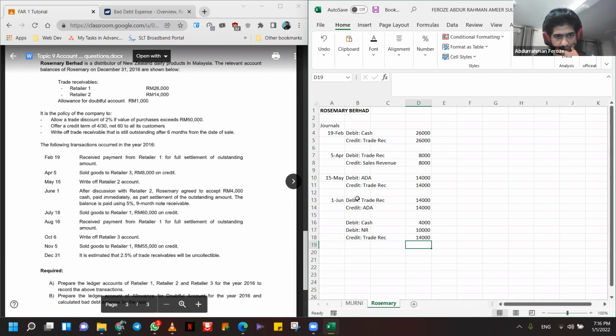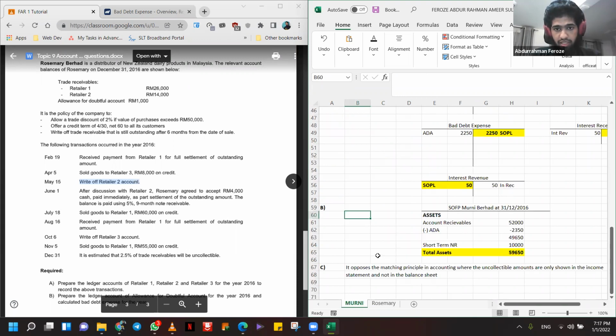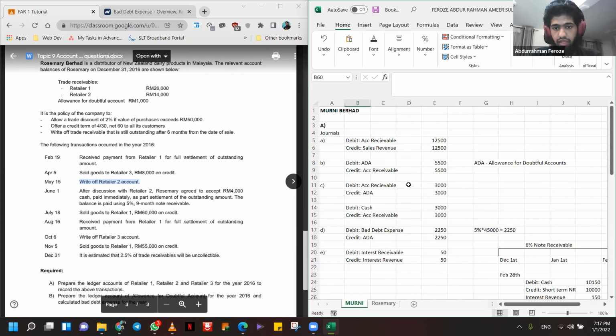Hello. We're still thinking why debit trade receivable. I'm sorry, what? Yeah, okay. So first of all, this is what they have received. So initially on May 15th, the 14,000 was written off, which we dealt with over here. Now, after discussion, the customer has agreed to pay, right? And like we did last time, the company had paid back 3,000 after it had been written off.